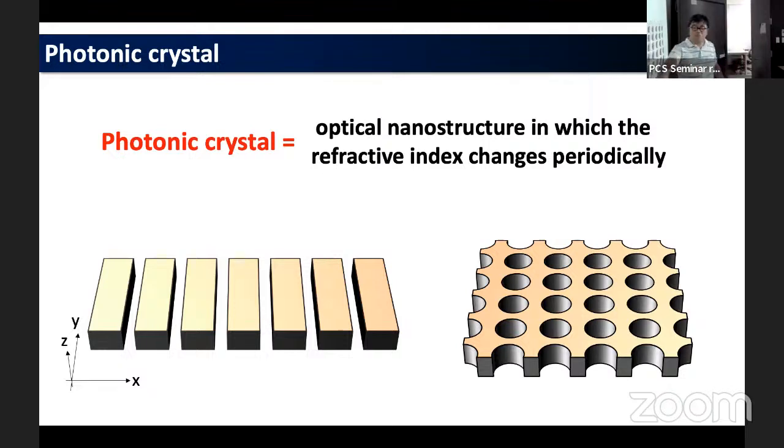The refractive index is changed along one direction, light is confined vertically, but sometimes can leak outside the structure. These types of crystals belong to a family named photonic crystal slabs. You can also have the 2D version of this, where the periodic structure is 2D in the in-plane X and Y, and we have the vertical confinement.